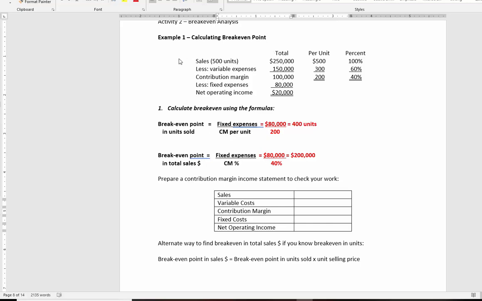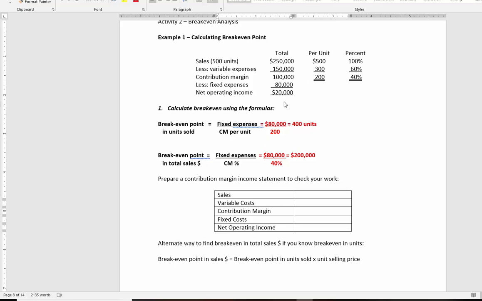So this is what's called a contribution margin income statement. Notice that the sales are the starting point, so that's the same as the income statement that you're familiar with. But instead of doing cost of goods sold or operating expenses next, we break the expenses into variable and fixed, and we have a contribution margin calculation.